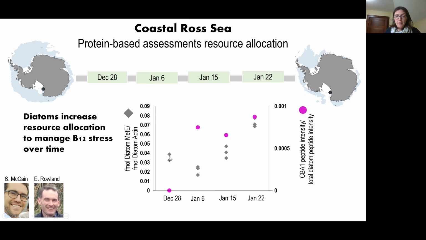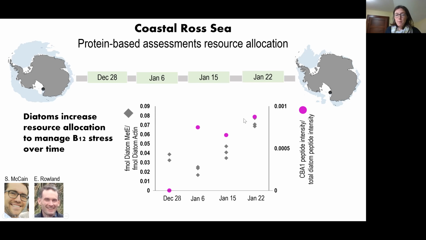And that's shown here in these gray squares. And we're also looking at the amount of CBA1, so the B12 acquisition protein, as a function of total diatom protein here. So what you can see is that both of these proteins increase over time. So we are in fact seeing that diatoms increase their resource allocation to manage B12 stress over time.